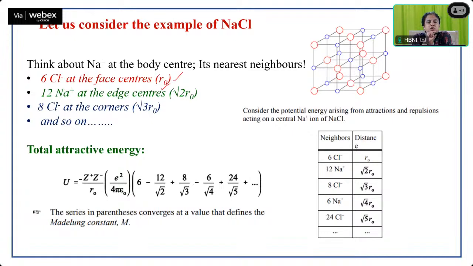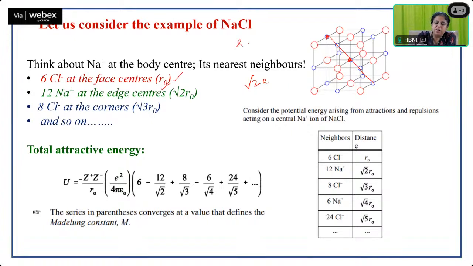And they are at the distance of, if you are able to see, suppose this is my Na and I'm talking about this Na. If I join this line, this is nothing but your face diagonal, and your face diagonal is root 2 a.